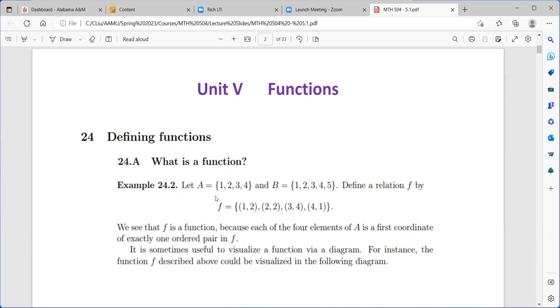Here, we just write all the pairs, but you can also represent the function by a formula in many cases, and even by a graph. But originally it's defined as the set of all the pairs. That's the original definition of the function.